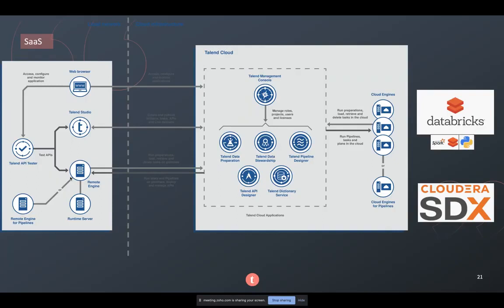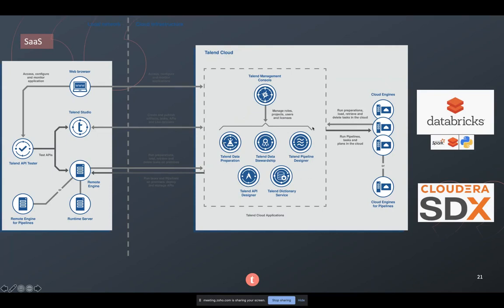For example, in Talend, some parts of the stack are provided as a service and are running in our cloud. So you have, for example, what was called the administration center of the on-premises installation, which can also be run in our cloud. That means that you can use an already working instance of what we call the Talend Management Console, simply having your login and password, so without installing it, as well as for the data preparation, the data stewardship, and many other tools.